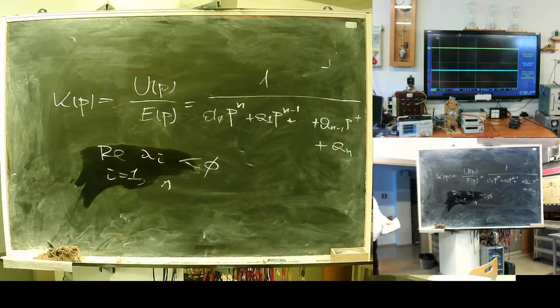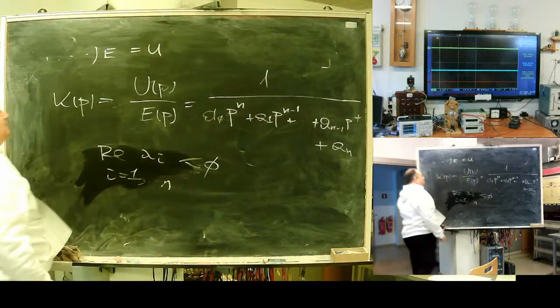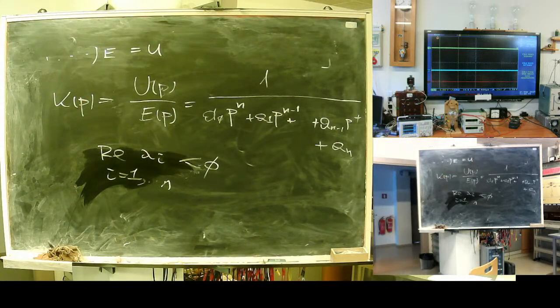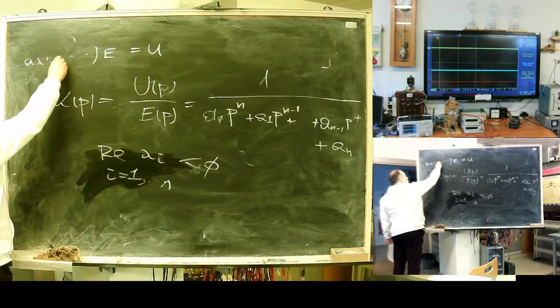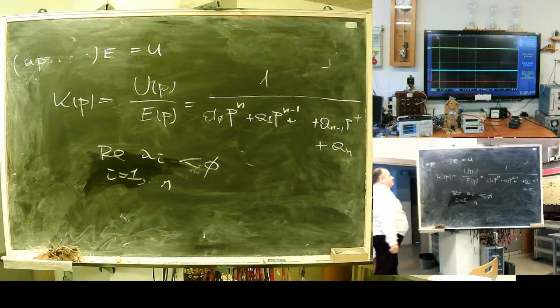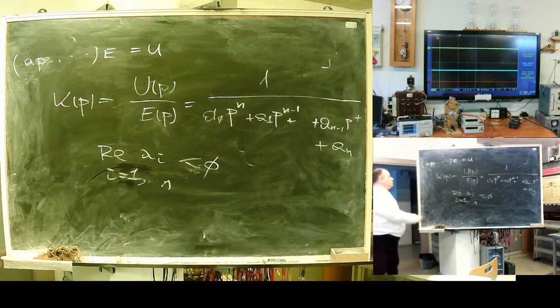Because we have polynomial A times U equals E. I got it, but why is there not only a polynomial but 1 divided by the polynomial?